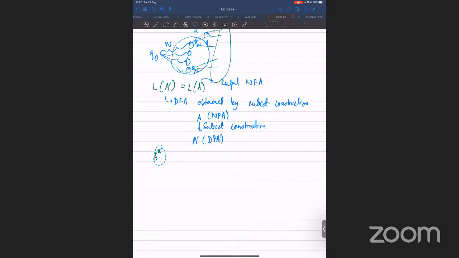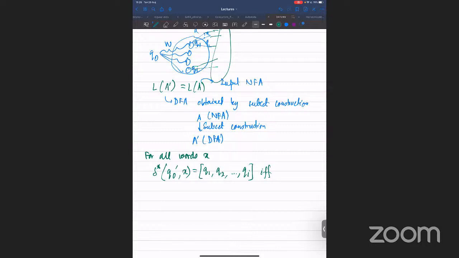So what I would like to prove is that for all words X, delta star of Q0 prime comma X equals some set {Q1, Q2, ..., Qi} if and only if what? Can someone tell me?